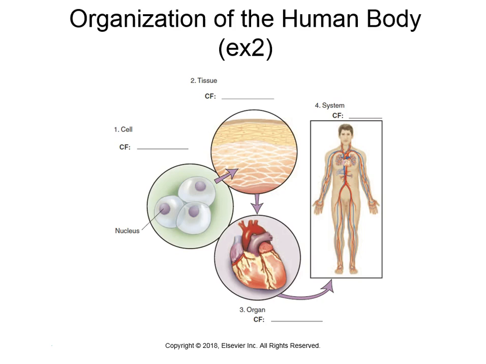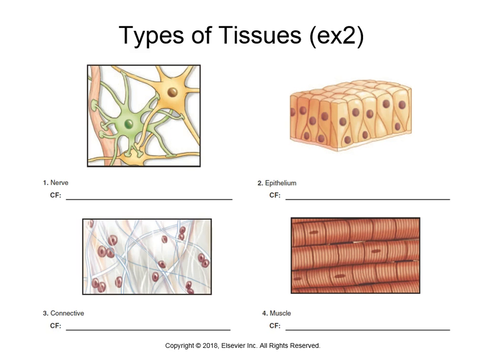Tissue is histo, and then a group of tissues working together is an organ, so organo. And then a group of organs working together is a system, so systemo. Type of tissues, we have our nerve, so that would be neuro.